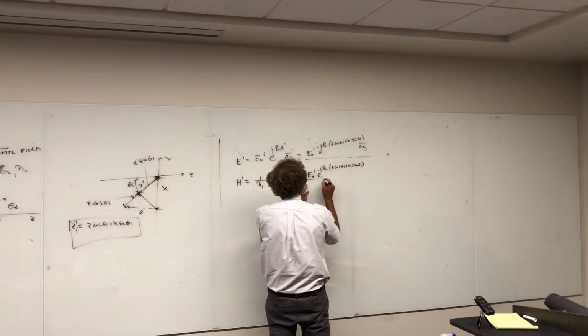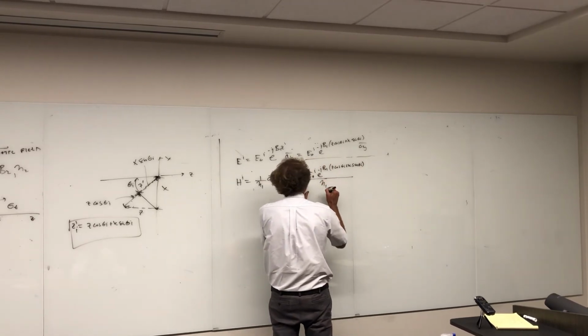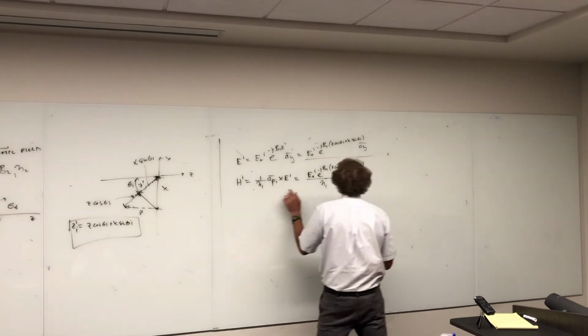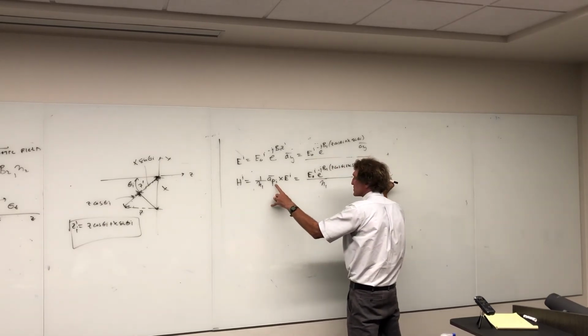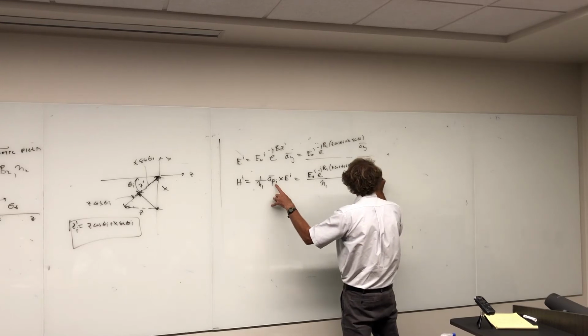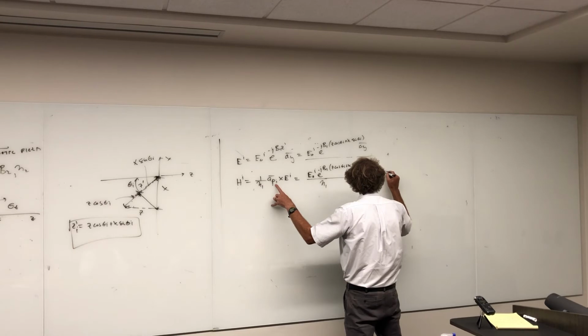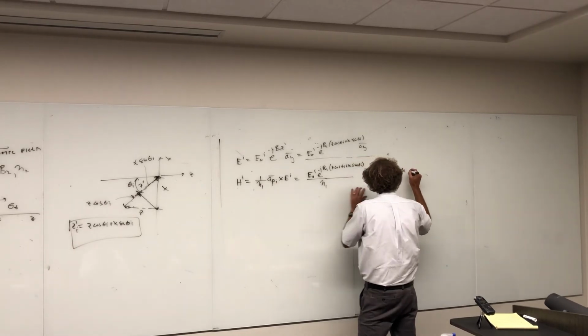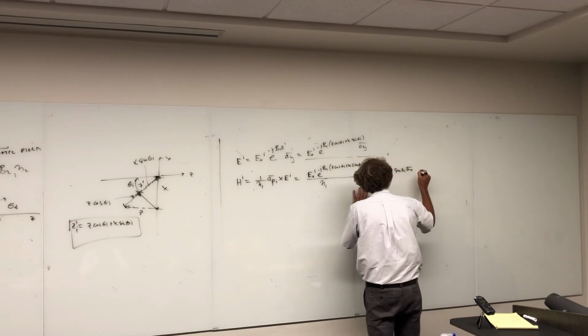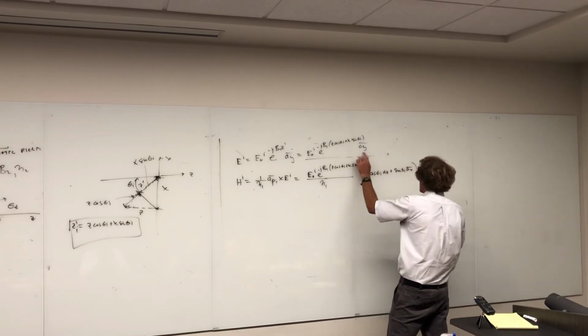I'm going to divide it by eta 1. And then, if you'll notice, now I have to take a unit vector in the direction of propagation, which was my cosine of theta incident az plus sine of theta incident ax, and I have to take that and cross it with ay.